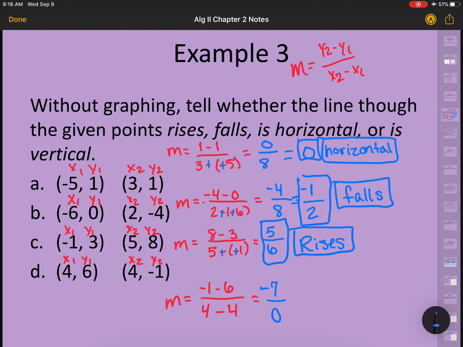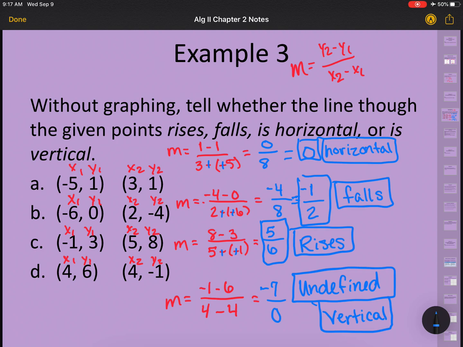And 4 minus 4 is 0. So 0 is in the bottom. That's a bad thing. Okay, this is undefined. Okay, has an undefined slope. And we said undefined slopes are vertical lines. Okay, not horizontal, because that is 0 slope.